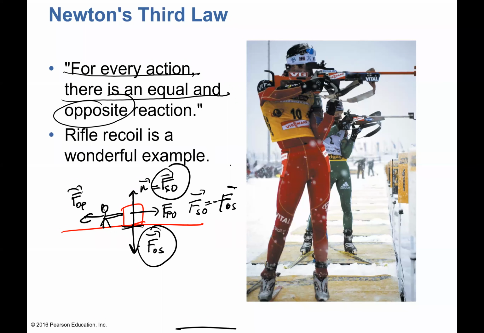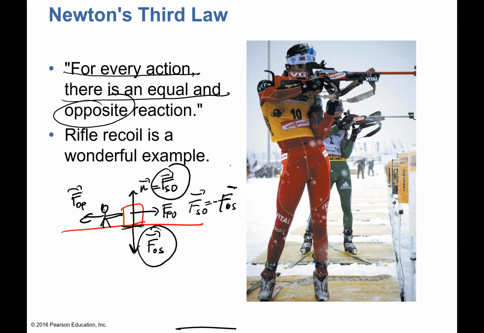So for example, here you are given a picture of an athlete, from one of those Winter Olympics, and he's shooting a gun. The rifle has a bullet inside. So when you shoot, there's an interaction between the bullet and the rifle.